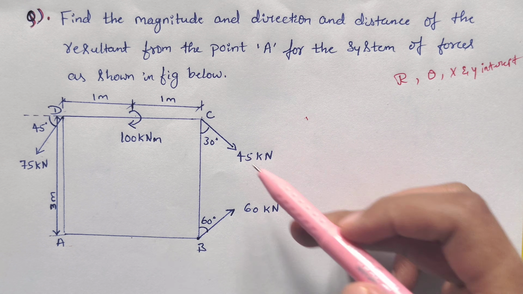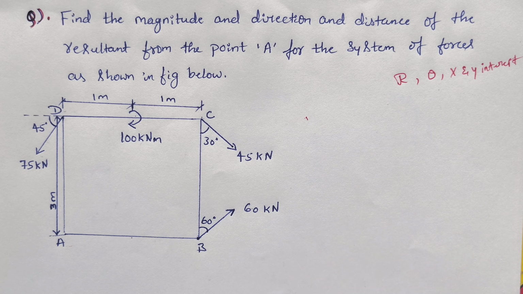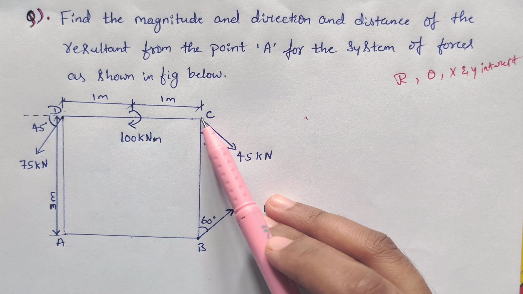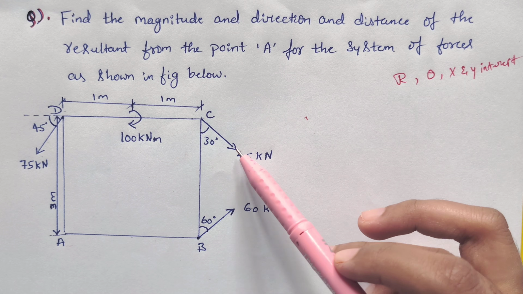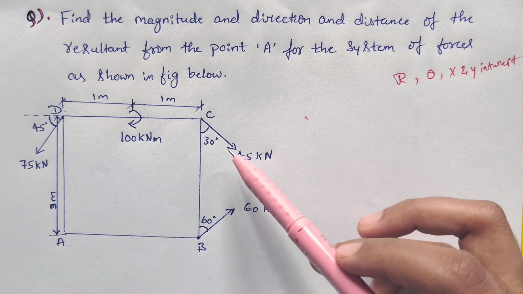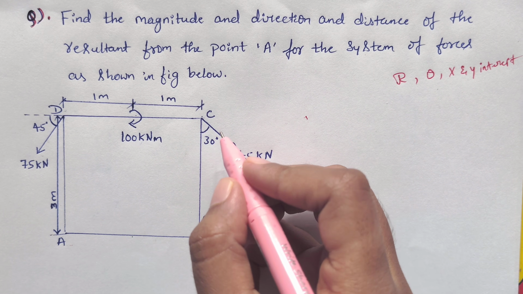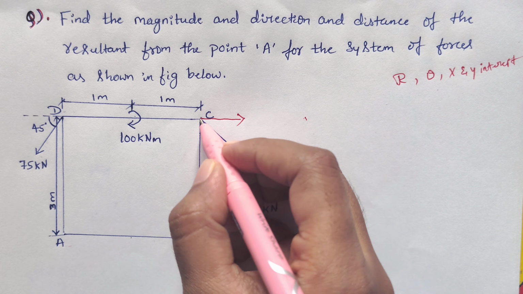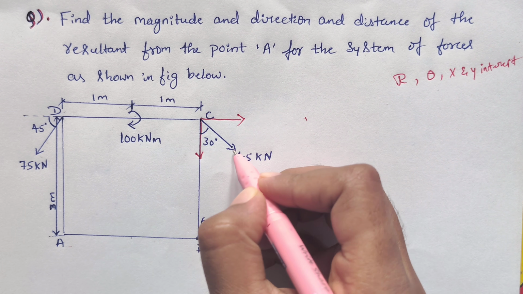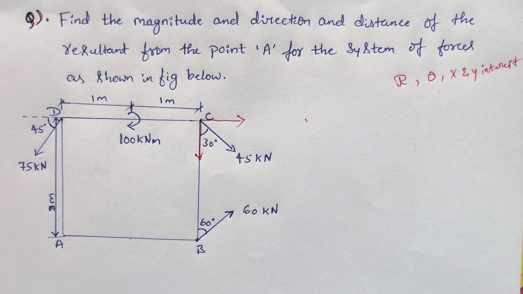Whenever you see an inclined force, you have to make sure you find the horizontal and vertical component for this. Whenever the resultant is like this, for this force, the horizontal component will be like this, and vertical will be like this. Towards this point you have to draw.